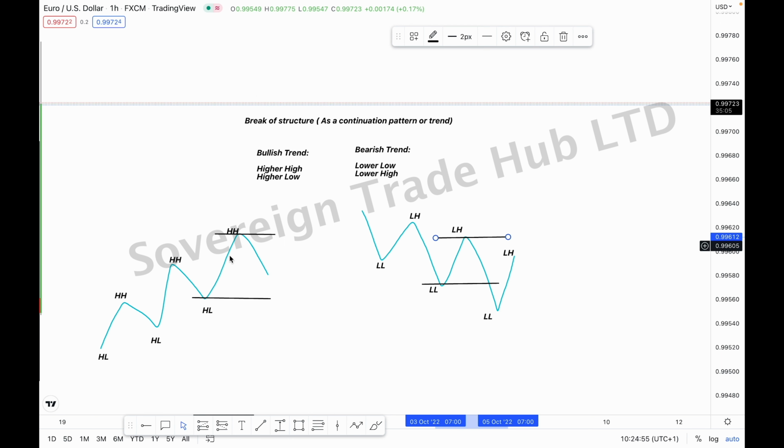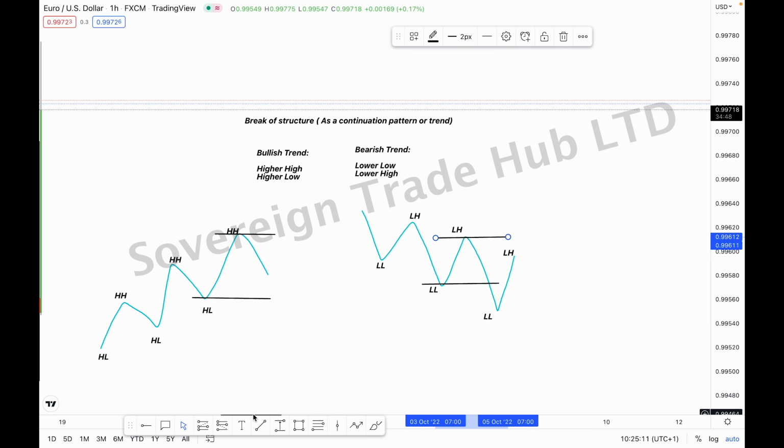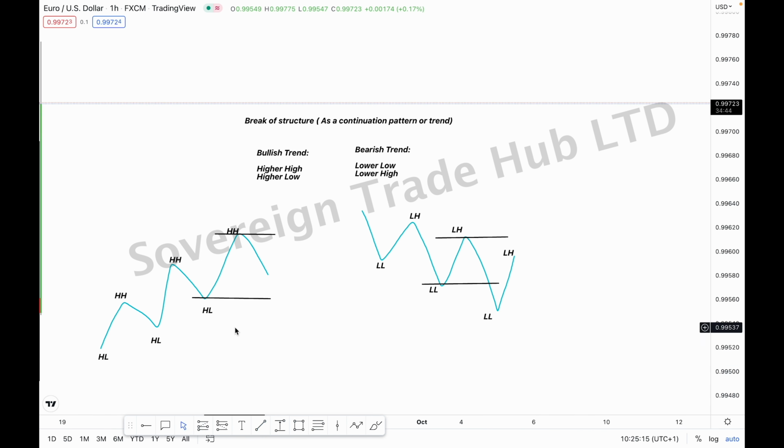So that being said, let's move on. This is a higher low. This is a higher high. Now, at what point do we consider this break of structure to be valid? The point at which we consider it valid is when the market closes with a candle body above this higher high.